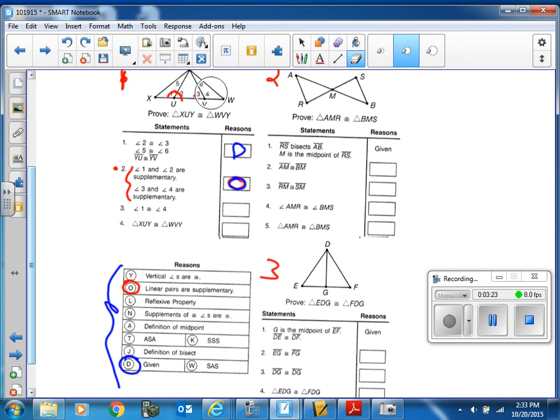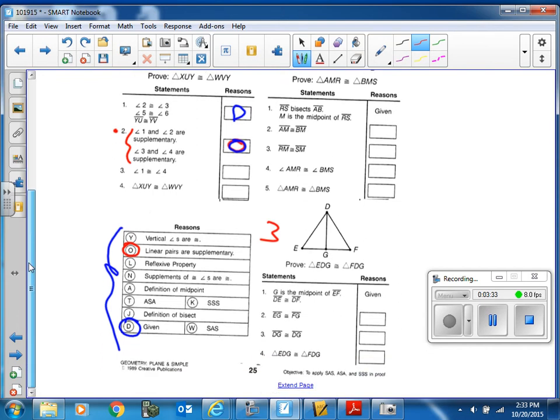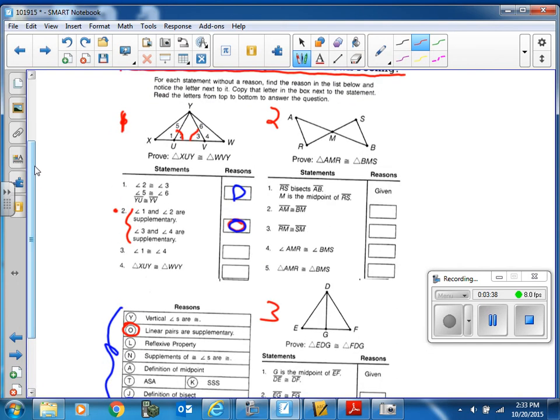All right, our third piece of information: angle 1 is congruent to angle 4. Well, let's look at that. If they already told us that angle 2 and angle 3 are congruent, what do you know about 1 and 4? Look down at our reasons. 1 is the supplement of 2, and 4 is the supplement of 3.